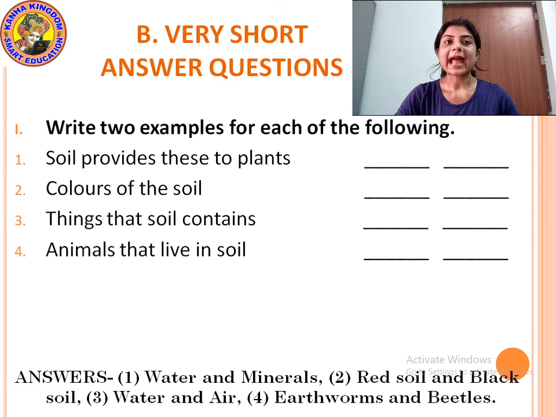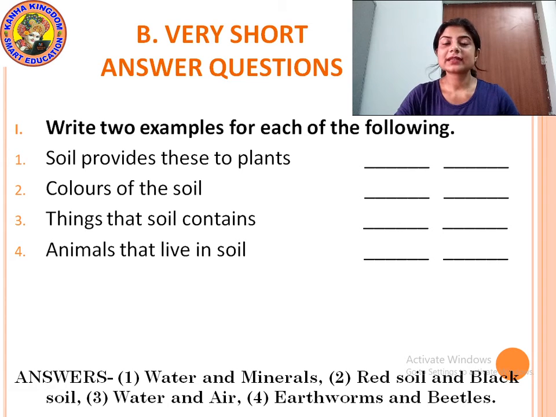Number 4, animals that live in soil. It is earthworm and beetles. E-A-R-T-H-W-O-R-M, earthworm. B-E-E-T-L-E-S, beetles. Okay, I will repeat my answers once again.